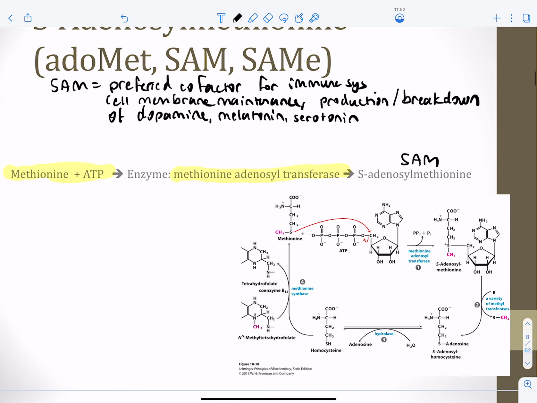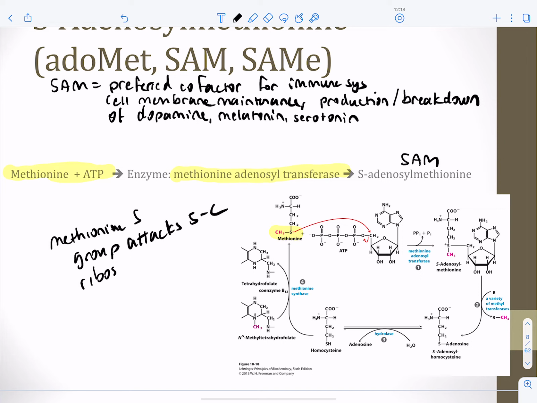Okay, so one of the things that's really unique about the production of SAM is that methionine has the sulfur group. So this methionine sulfur group shown here is going to attack the 5-carbon of ribose. So this requires ATP, shown here, but you're not including the phosphates. You're actually releasing all 3 phosphates.